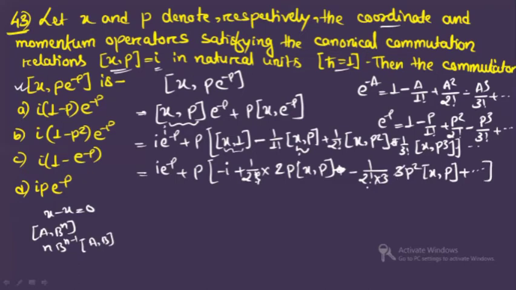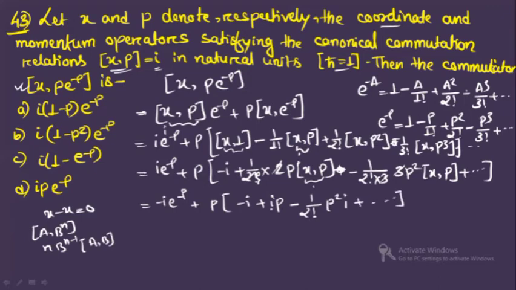Now you see this 3 will cancel this 3, this 2 will cancel this 2, and you will have minus I e to the power minus p plus p. You will have here minus I plus, here xp is I, so you are having plus ip, minus again 1 by factorial 2 p square I plus, and it will go on. Now if you see here minus I e to the power minus p, if I bring this minus I outside, then I will have minus ip outside.